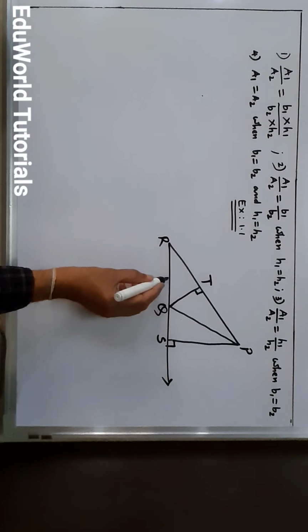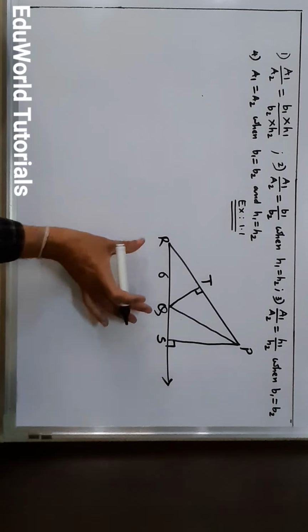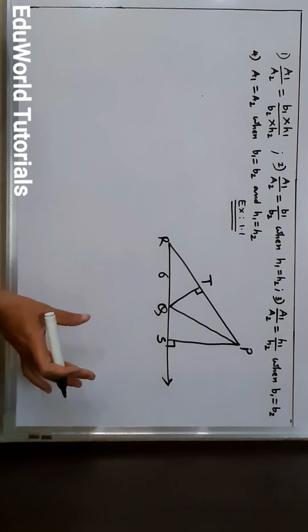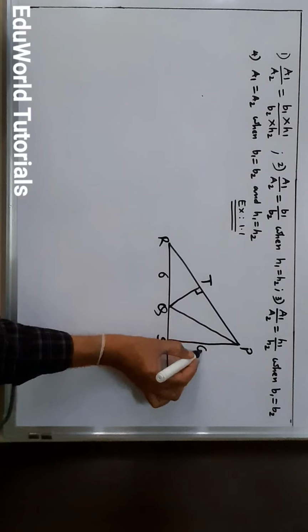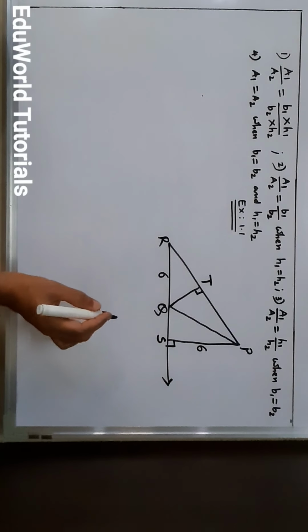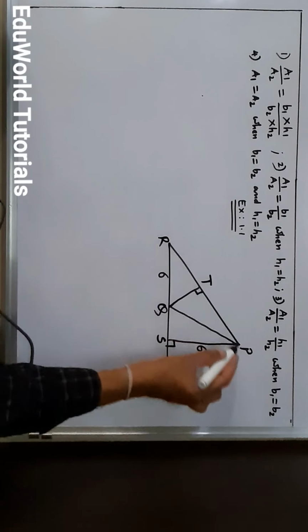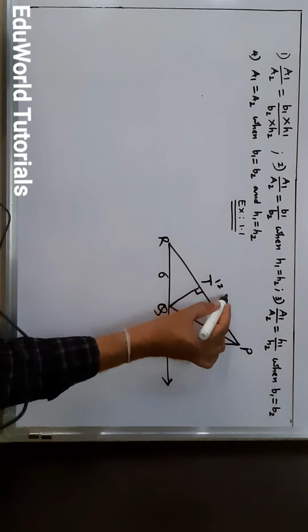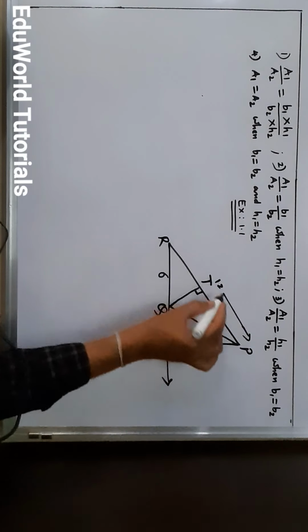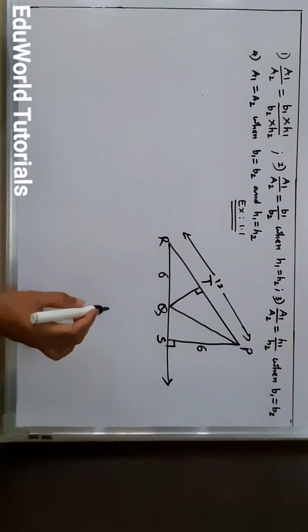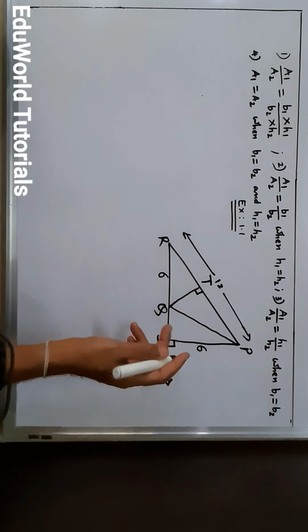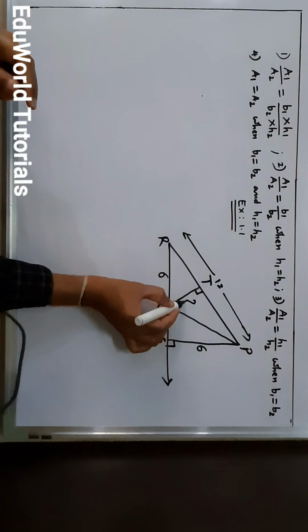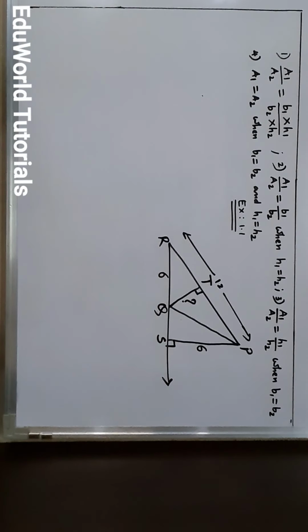RQ is 6, RQ is this part. PS is 6, PS this part, this is the height. PR is 12, PR this side. These three lengths are given and we have to find QT. This length QT we have to find.